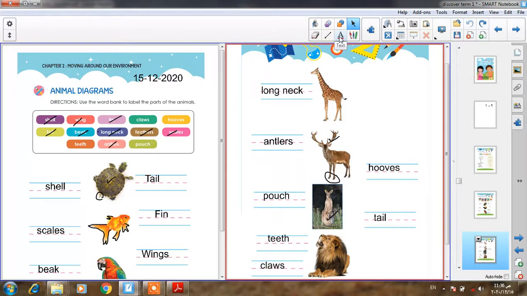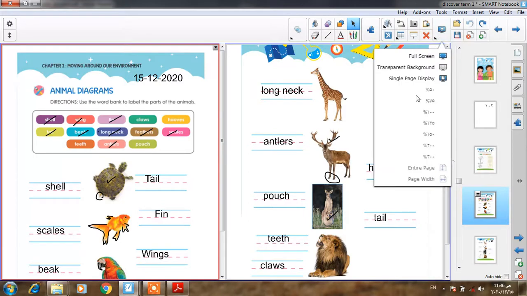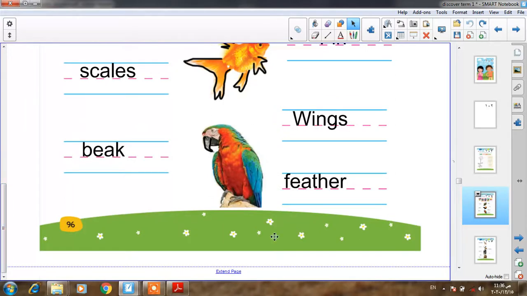So we have some animals with some parts, like the turtle has shell and tail, and the fish has scales and fin, and the parrot has wings and feathers, and this also has claws. You can add this word if you want.